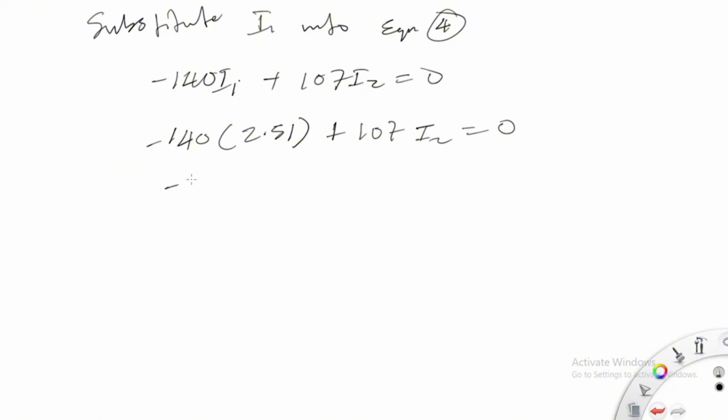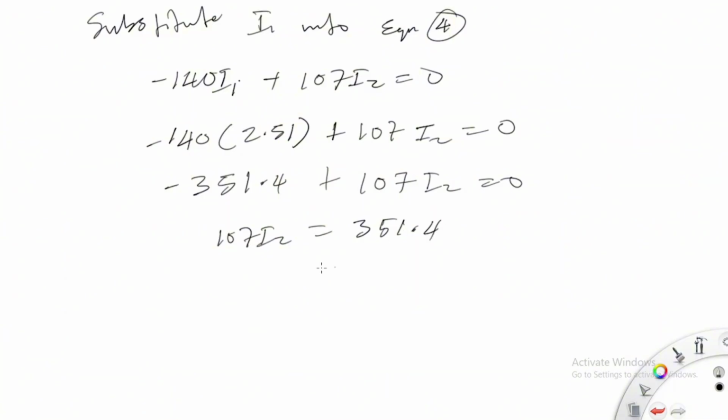Here we would have minus 351.4 plus 107I2 equal to 0. Here we would have 107I2 is equal to 351.4. I2 is equal to 351.4 over 107.